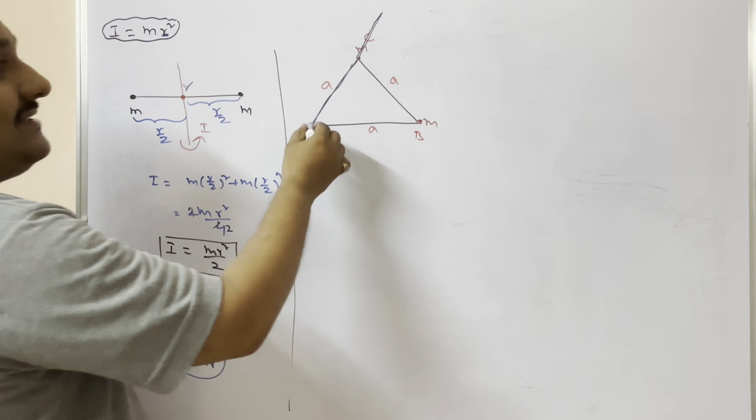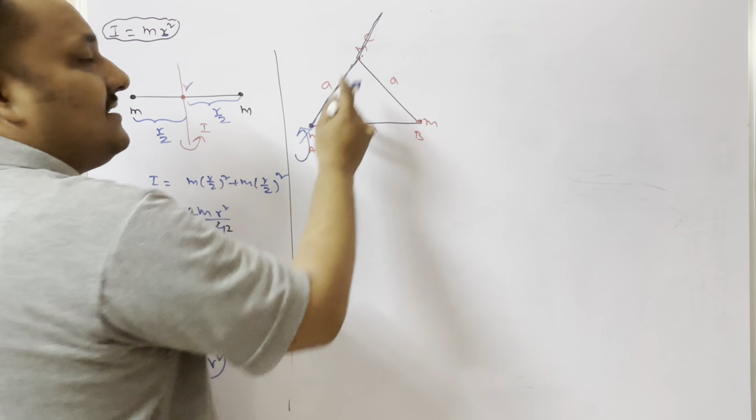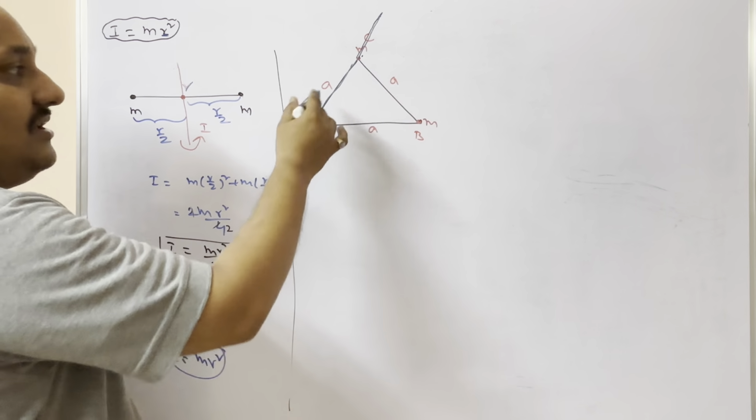Now, on the axis of rotation, how many mass particles are there? 2. Therefore, these two will become 0. Now, this mass particle is at a distance. What is this distance? This is going to be a by 2, maybe you will get root 3 by 2 a. Yeah, many times we did. Therefore, I is equal to m into root 3 by 2 a whole square.